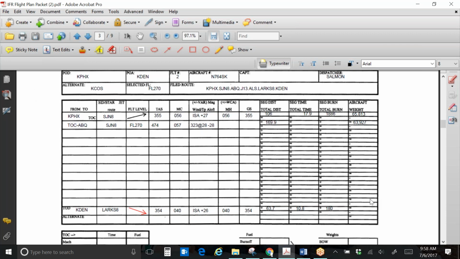Putting a little bit of a cross there. Okay, and now I'm going to basically adjust this. Hopefully you can see that good. Now I'm going to adjust this to my heading. So I am heading 056.